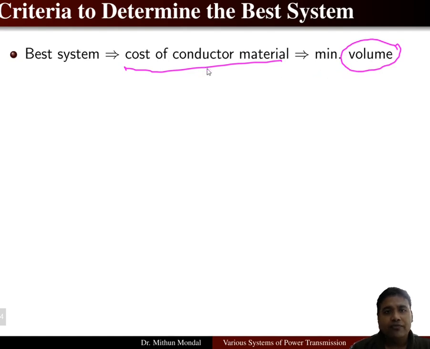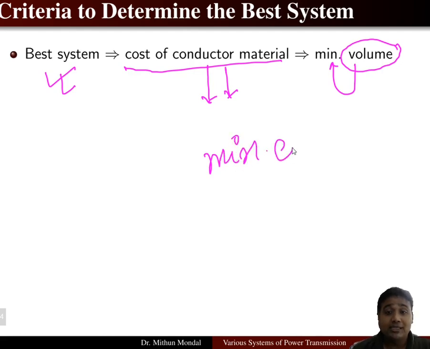So if the cost has to come down, the volume has to be minimum. The best system is the one which has the minimum cost, and this minimum cost can arise only when you have the minimum volume of the conductor material.